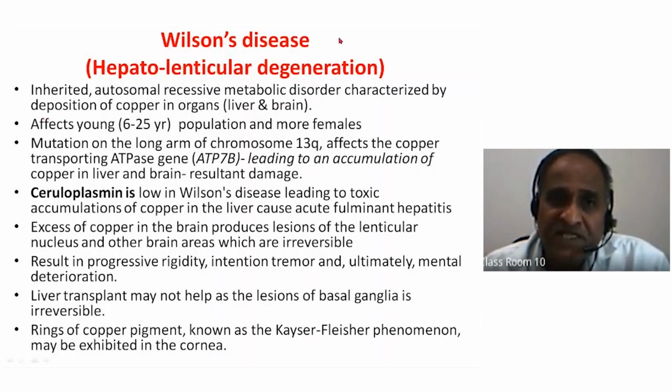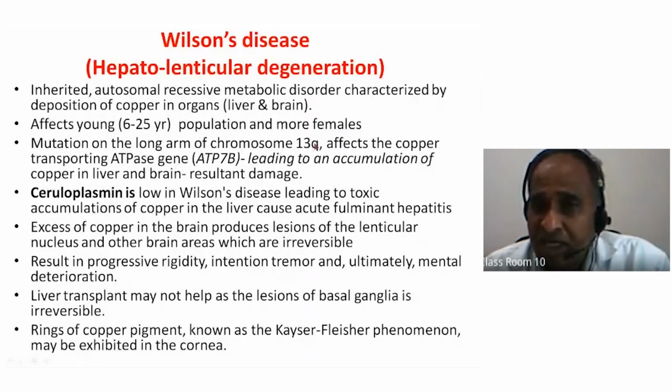So this Wilson's disease is seen in a younger age group between 6 to 25 years, and the females are more affected. And it is due to the mutation of long arm chromosome 13q.